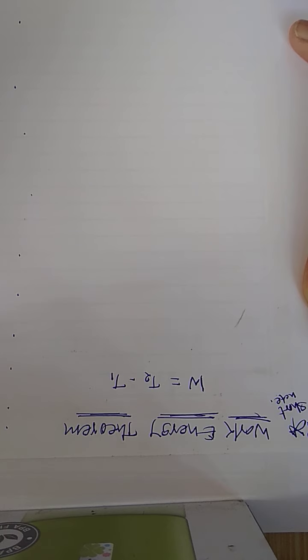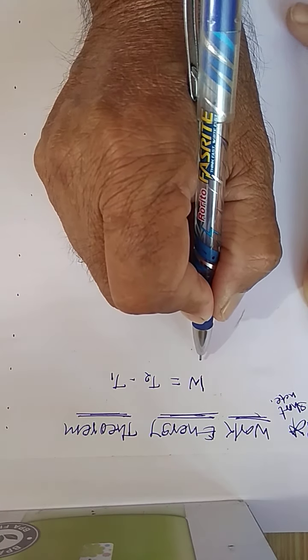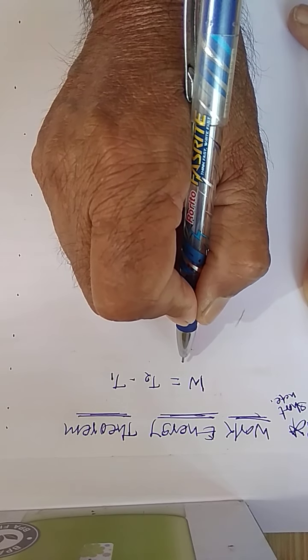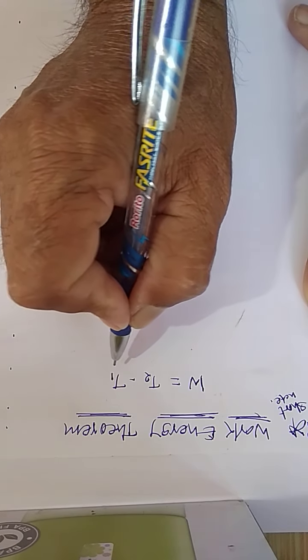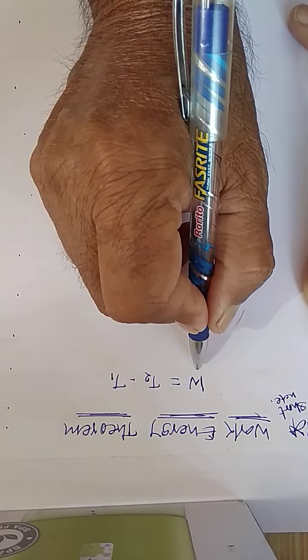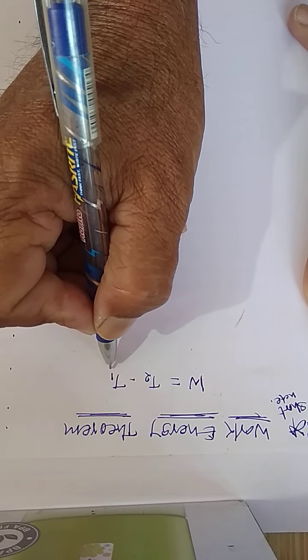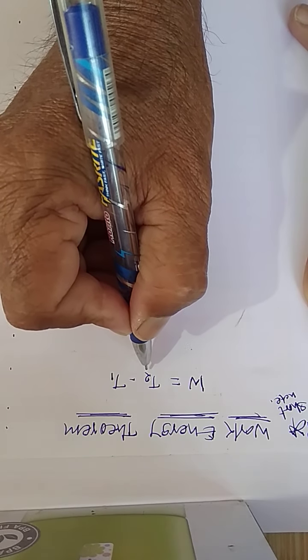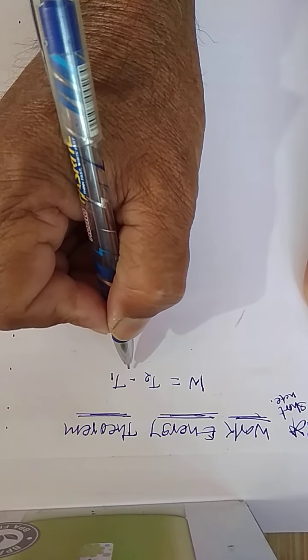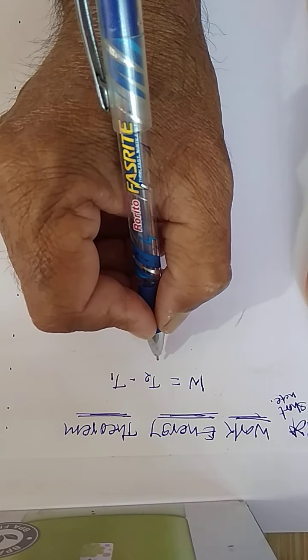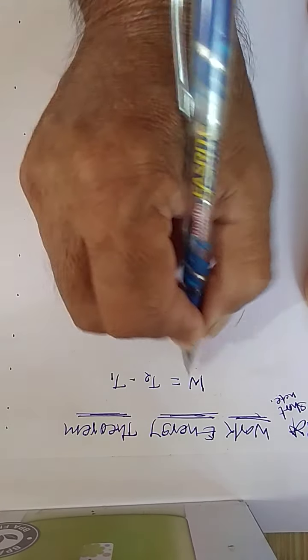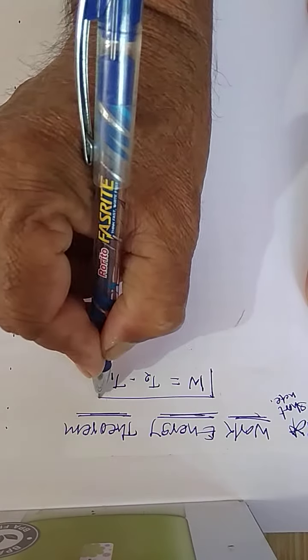That is, W equals T2 minus T1, where T2 minus T1 represents the change in kinetic energy.